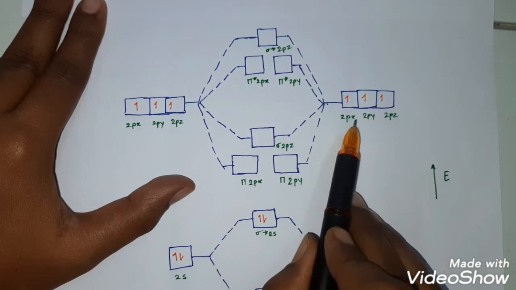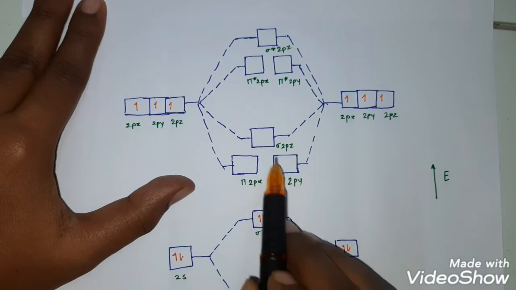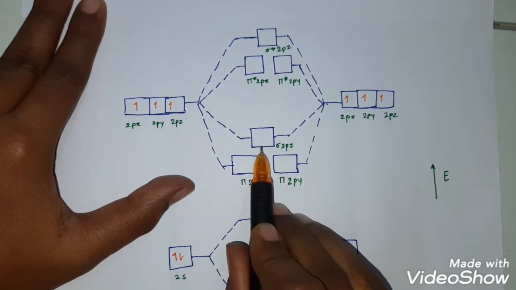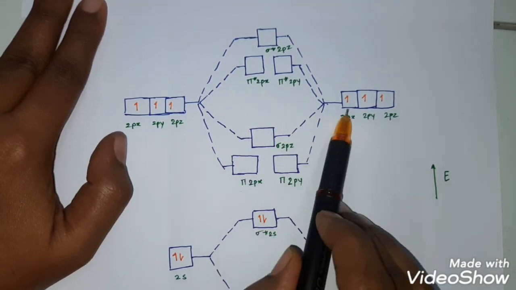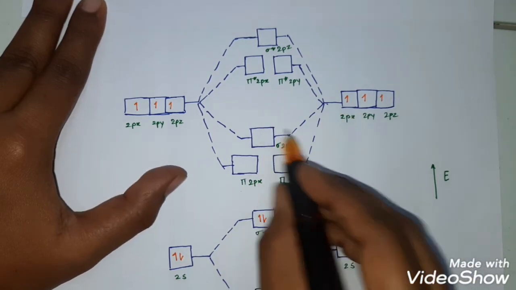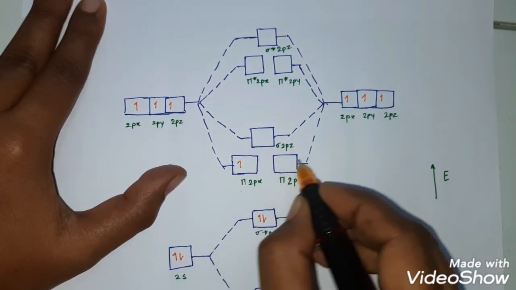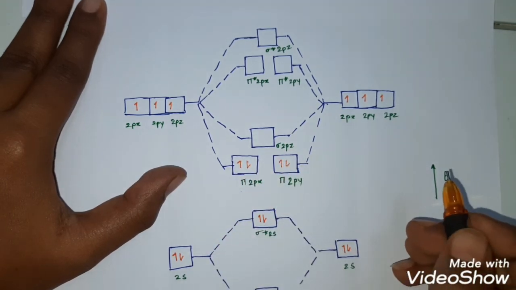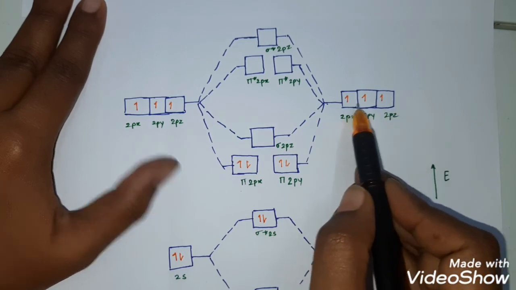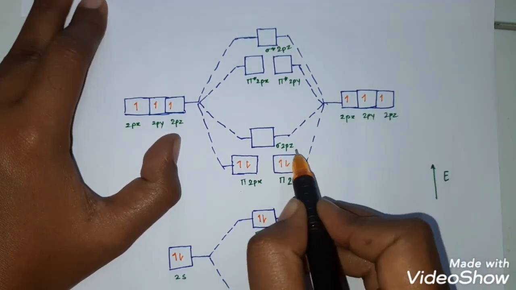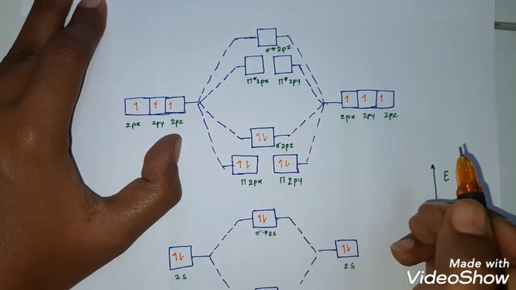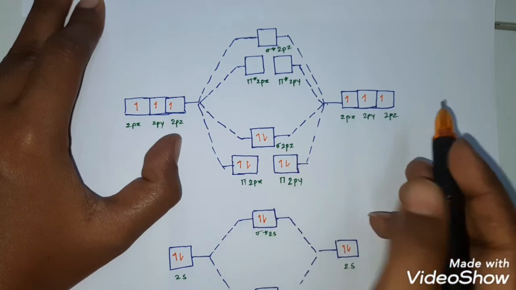The stability of a pi bond is lower compared to a sigma bond, so these 2 pi orbitals are lower in energy than the sigma bond in nitrogen. So the first 2 electrons enter the 2px orbital, the next 2 enter the 2py orbital, and then there is the sigma 2pz orbital, where the last 2 electrons enter.